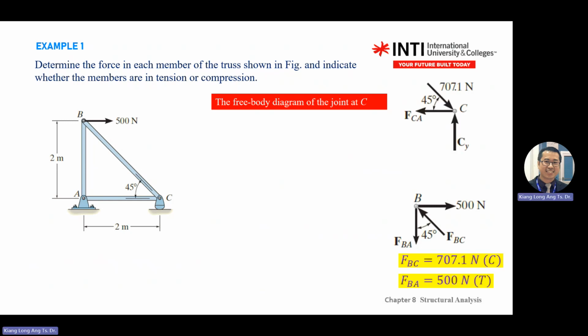So in this case, you will see something like this, what you see on the screen here. Pin C, CY, FCA, and your FBC. If you're not sure about this answer, 700.1, please write FBC on the top here. If not, it will snowball the wrong answer to the next one. If you write FBC, but you calculate the wrong answer, there are two types of answer.